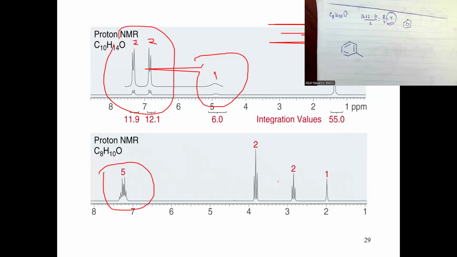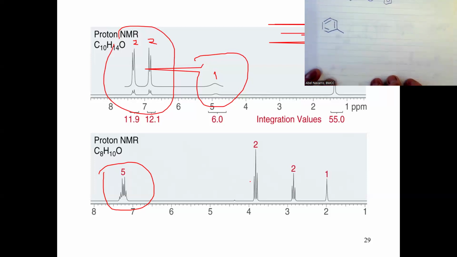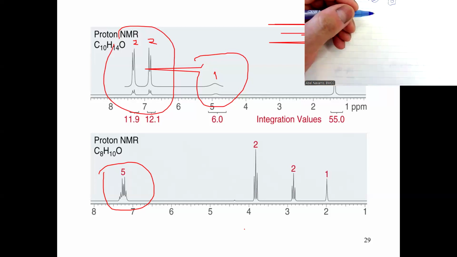Now I have to look at these guys. Okay, now I don't see the quartet followed by a triplet. I don't see the isopropyl, which is the septet followed by a doublet, and I don't see the terbutyl, the singlet, 9 H's, right? Now I have to use my knowledge. Okay, so in this case, I have a CH2. So I will use our practice. That peak right here, this one is a CH2. How do you know it's a CH2?